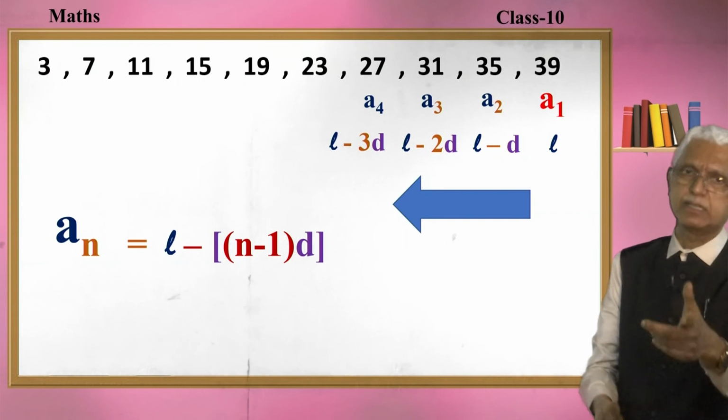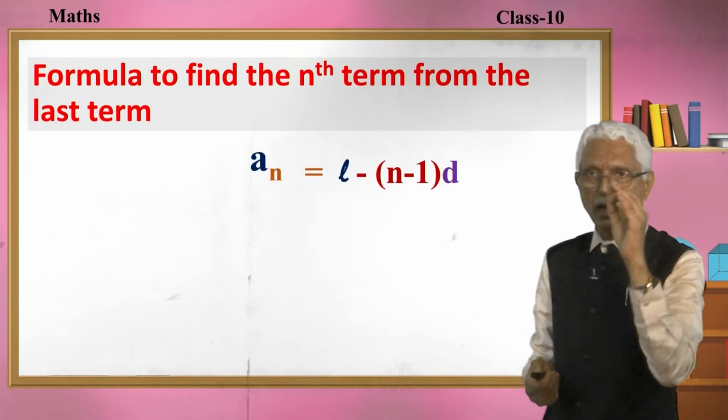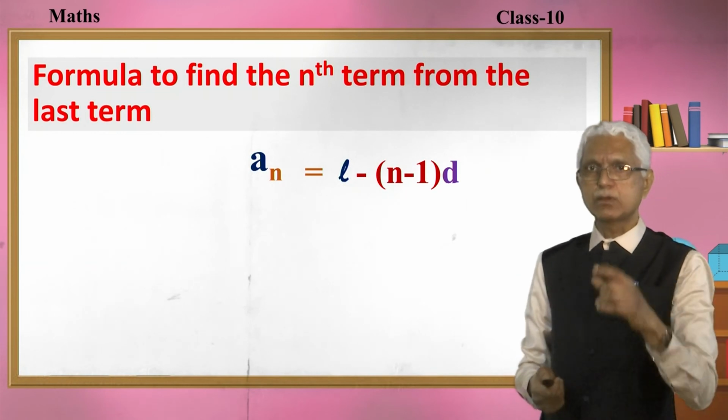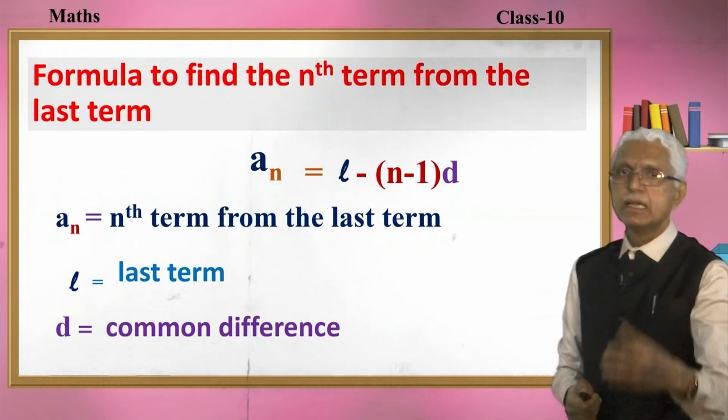That is wonderful, my dear children. So, the formula to find out the nth term from the last term is an is equal to L minus (n minus 1) into D.